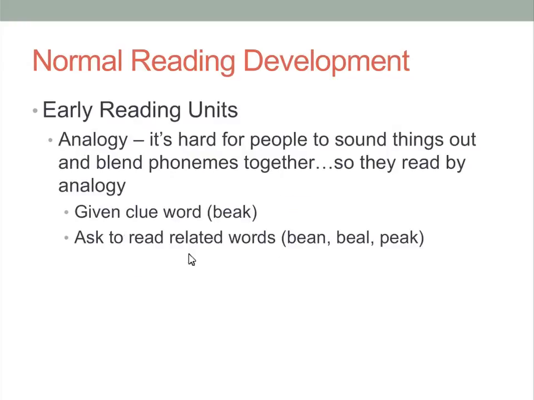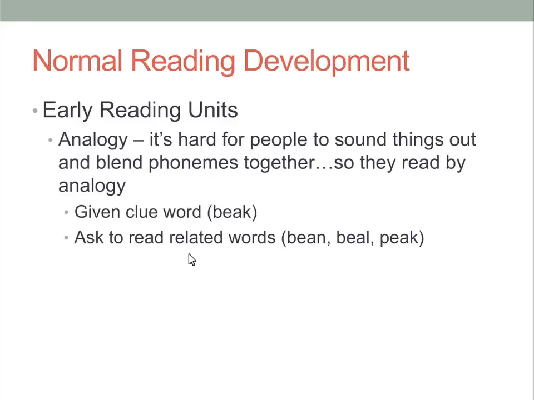Okay. So in early reading, analogy: sometimes it's really hard for especially kids to sound things out because they just don't know the rules yet, or blending of phonemes is kind of difficult. And so it sounds like they've chopped up the word and tried to throw it back together in the blender. And so you can read by analogy, and lots of young children's books encourage this.